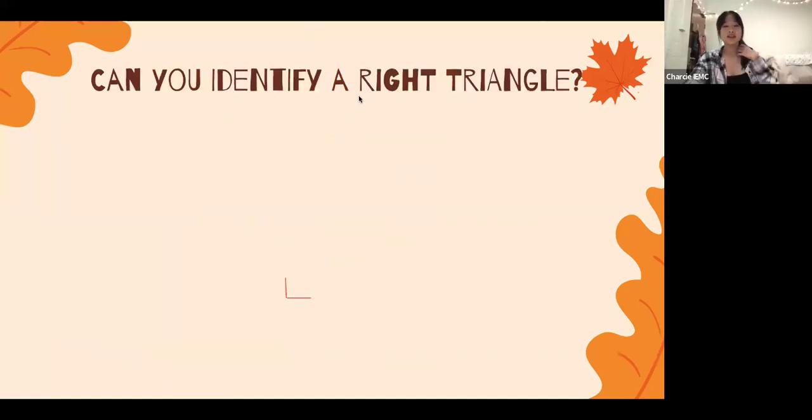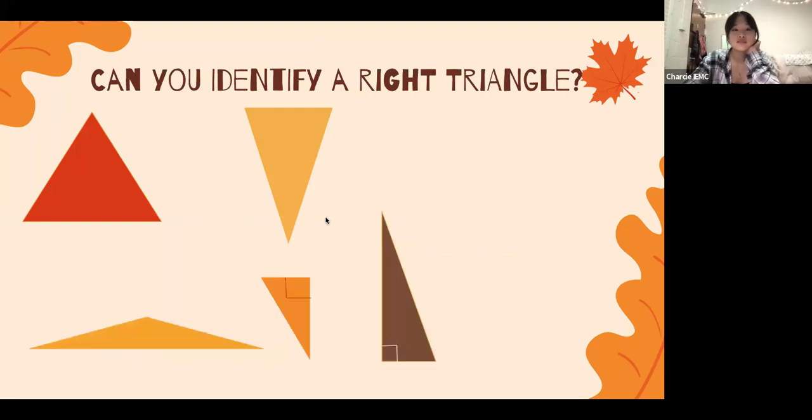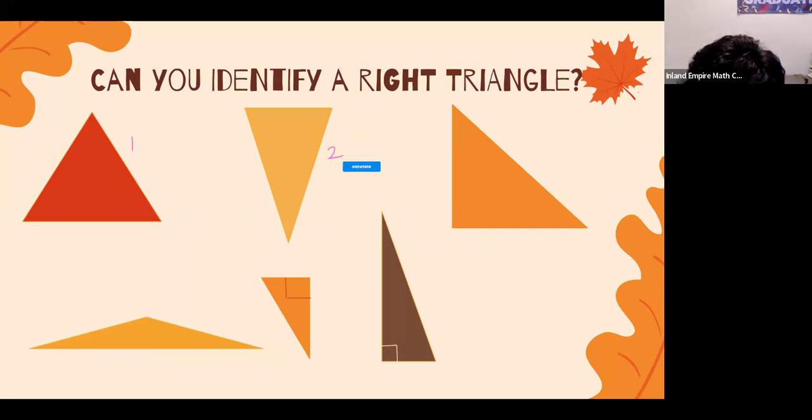Now we have a little activity. We're going to identify right triangles. Which one of these looks like a right triangle to you? I'm going to number them so you can better answer.